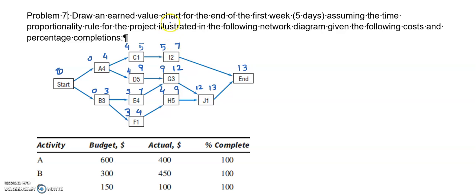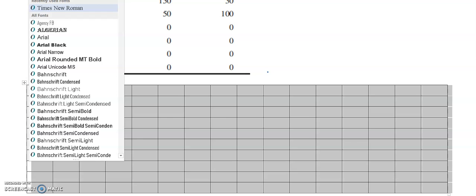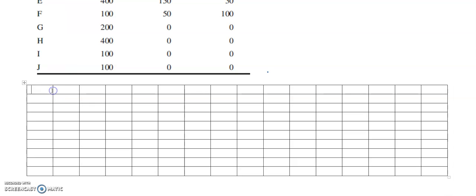Now we can show these dates in a table, and then we can assign the costs. This time I will draw the table in Microsoft Word. So here I have this table. I will assign different column names.